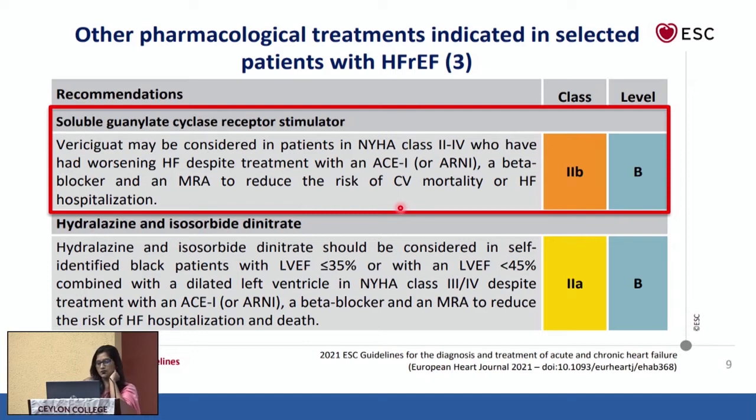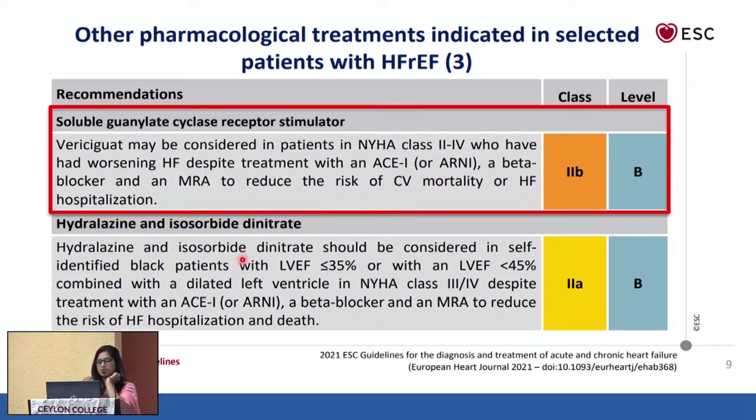The recent study, the VICTORIA study, has revealed that it reduces the incidence of the primary endpoint of death from cardiovascular causes as well as hospitalization from heart failure. But it has not been shown to reduce all-cause mortality. So because of that, at the moment it stands as a 2B indication.